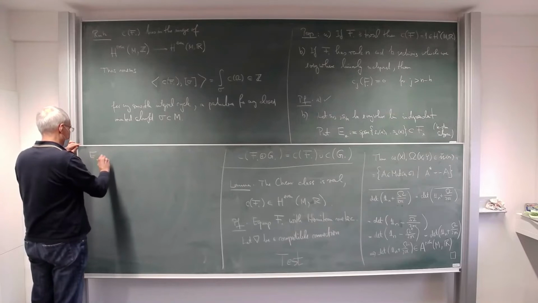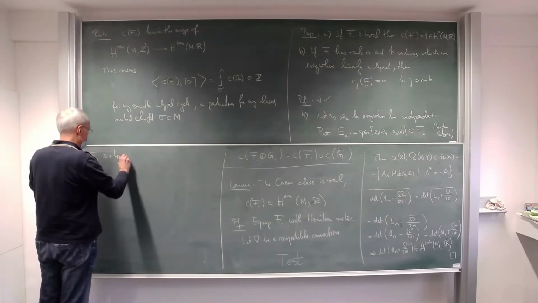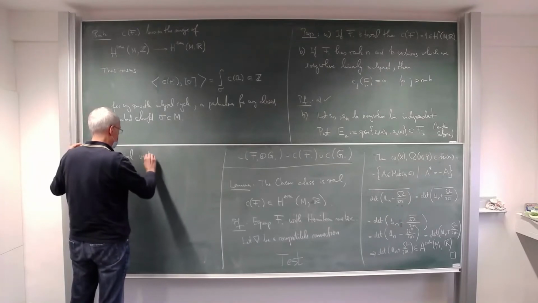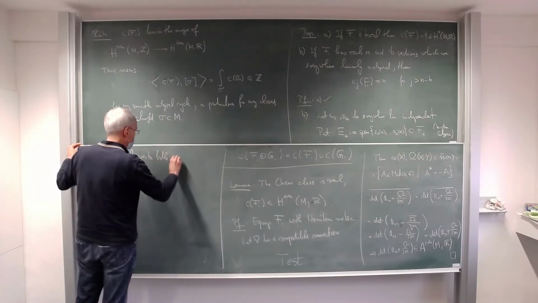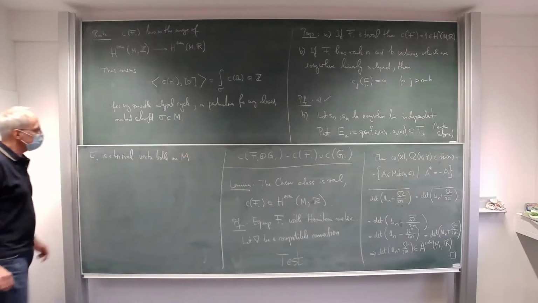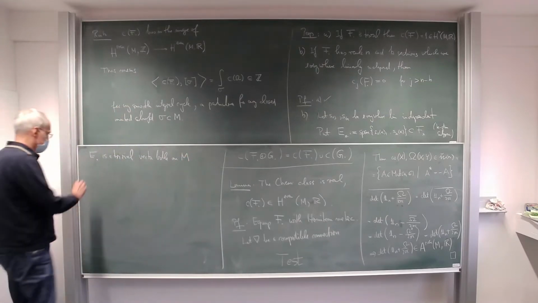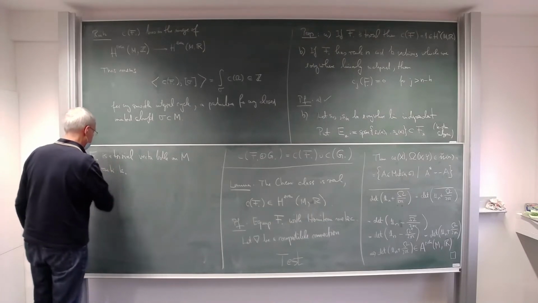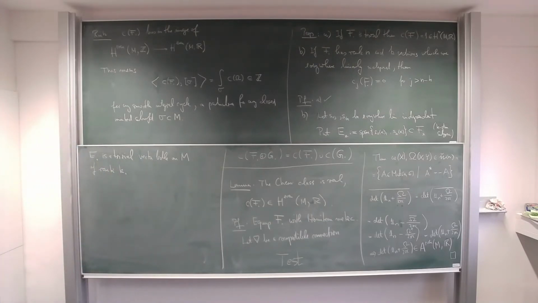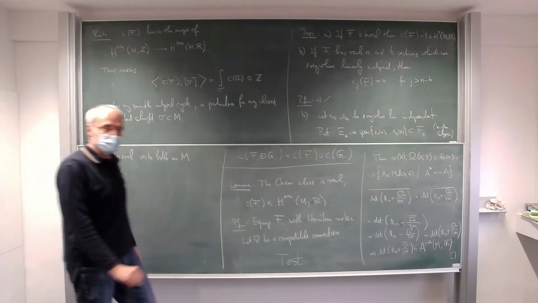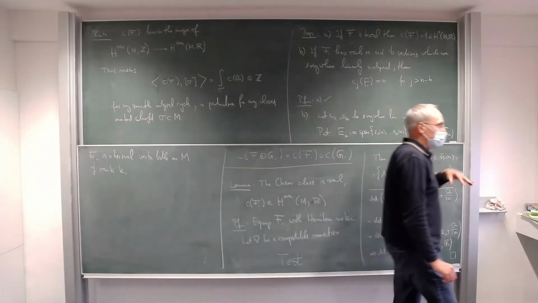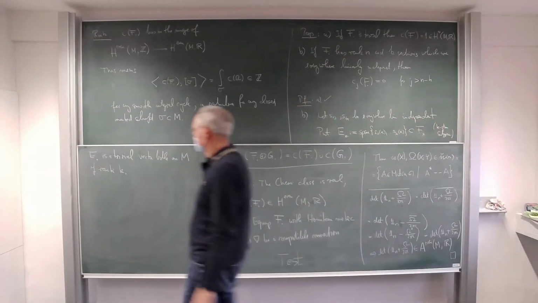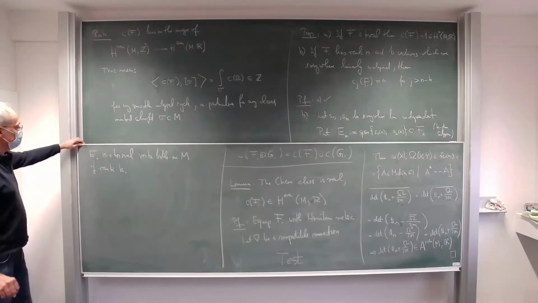E is a trivial vector bundle on M of rank k, okay? Because we have global sections for this bundle. Remember, a global frame is equivalent to having a global trivialization. Okay, so we have that.